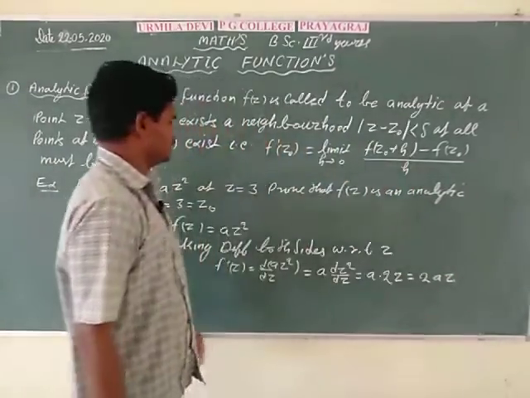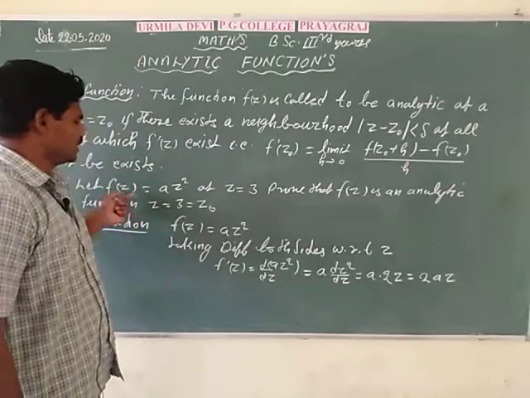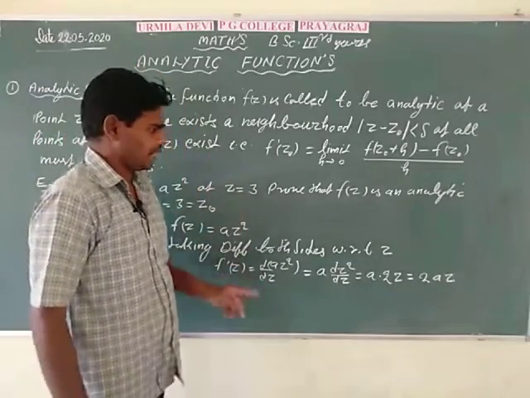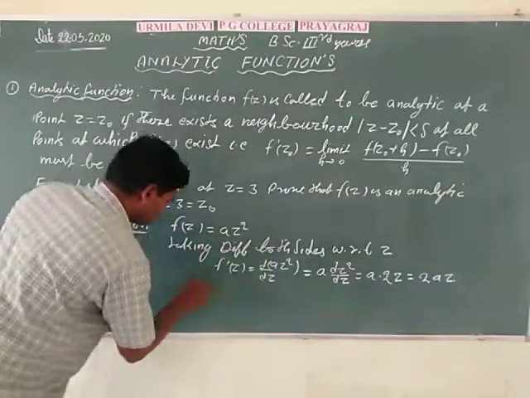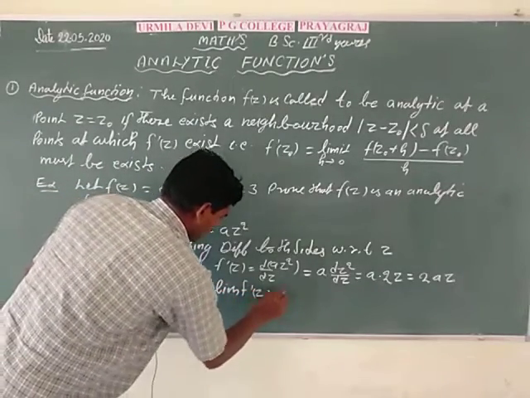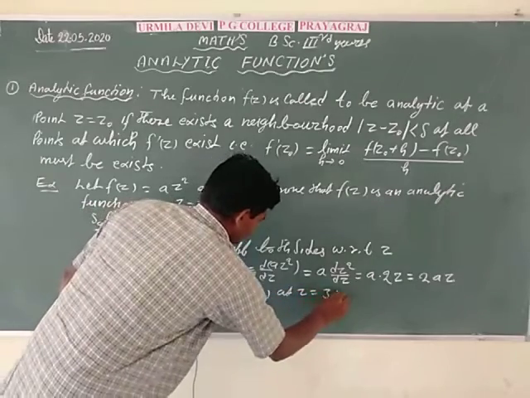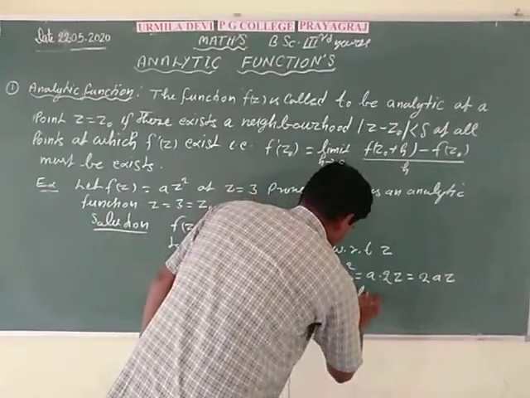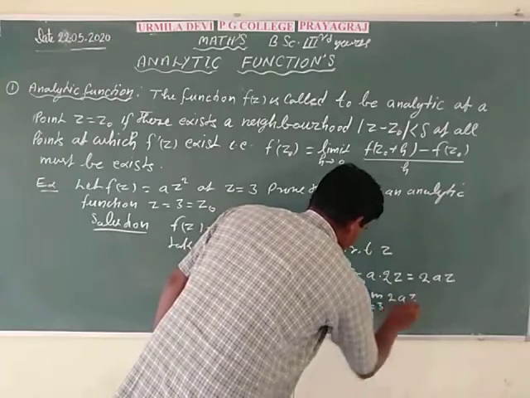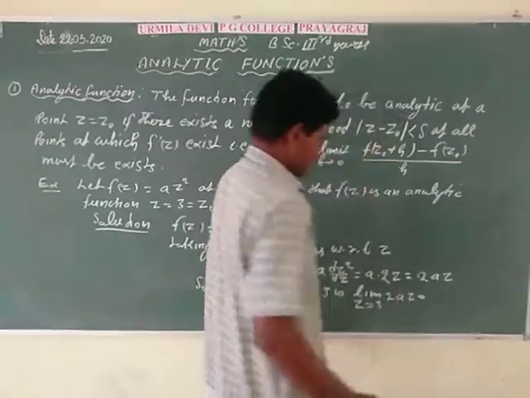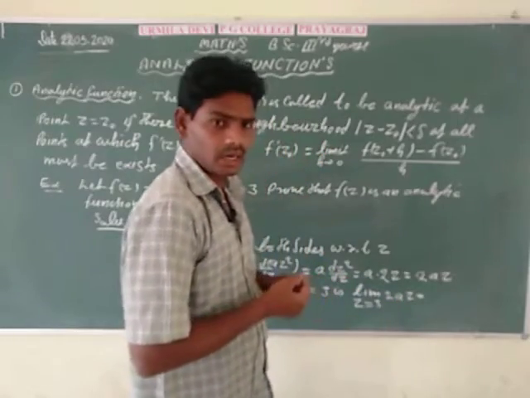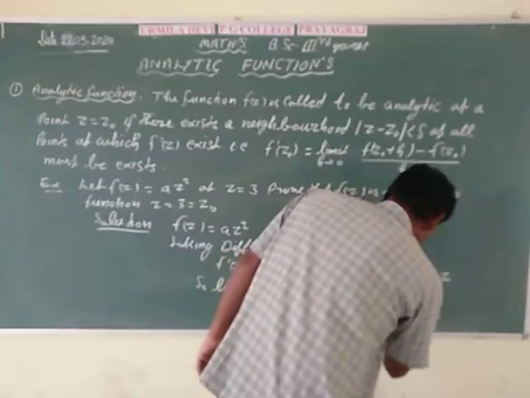Now our aim is to prove that function f(z) is analytic, therefore find the limit of f dash z at the point z is equal to 3. So limit of f dash z at z is equal to 3 is limit of 2 times a z as z tends to 3, is equal to 2a, a is constant, so taken outside from the limit, because limit of any constant value is not considered.